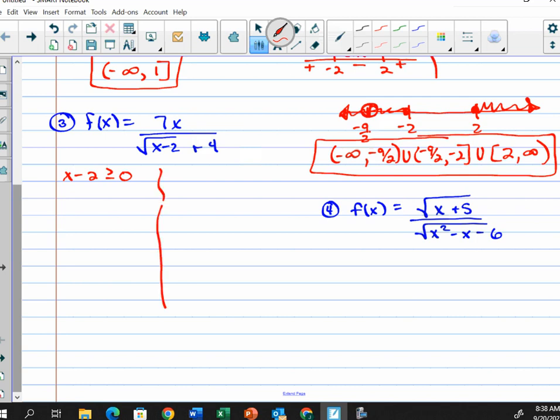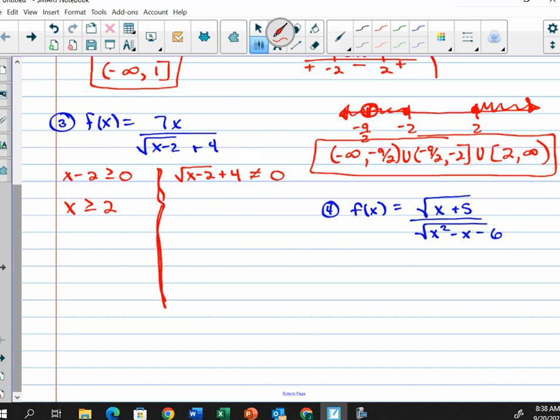And then I also need to look at the whole denominator here. Square root of x minus 2 plus 4 cannot equal 0. Okay. So I know x has to be greater than or equal to 2 from the left side. The right side, you can go through algebraically and solve that.